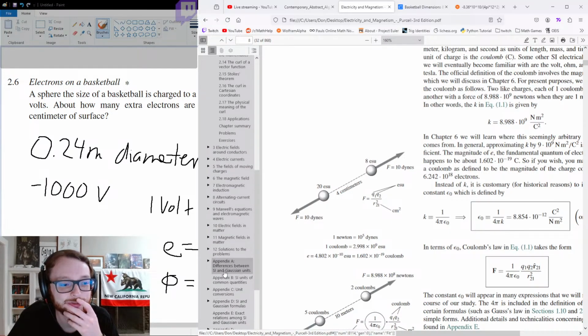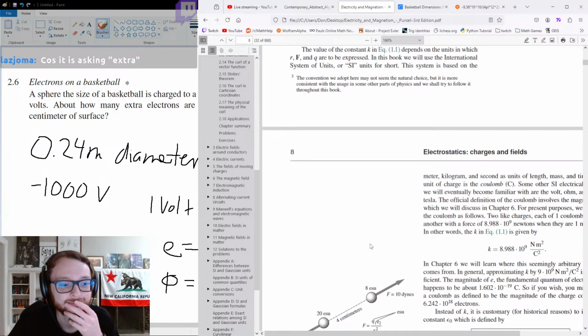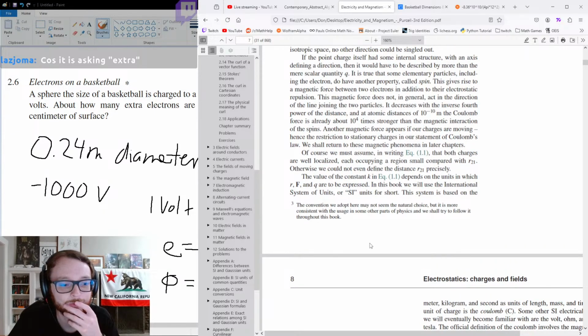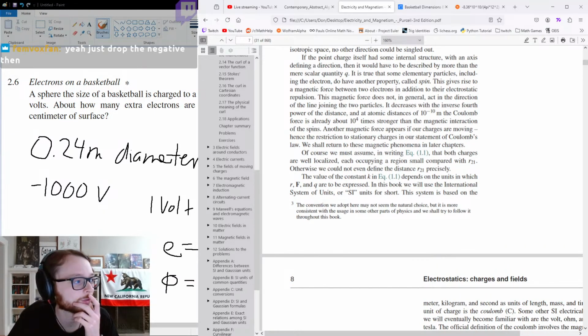How many extra? I think that's built into the definition of volt, isn't it? Oh, because of the number of electrons? Okay.